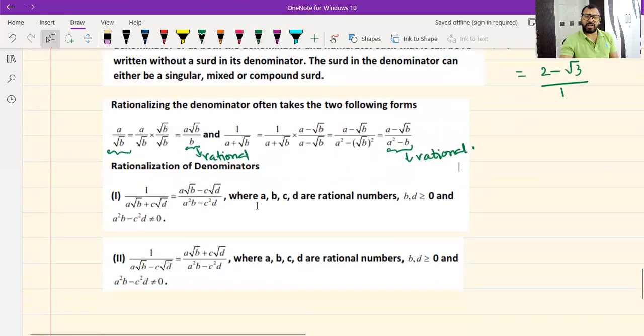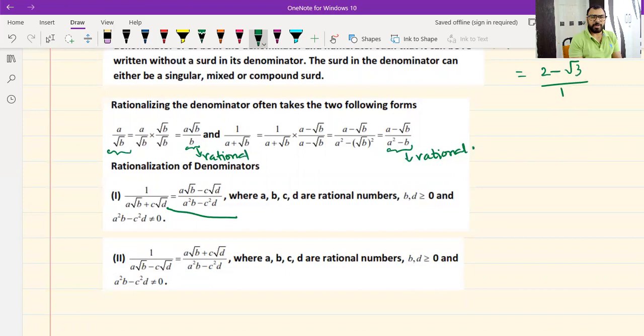So rationalizing of denominator is there. Rationalizing of numerator is also there. Sometimes they ask to rationalize only the denominator. Sometimes they ask to rationalize only the numerator. These kinds of questions come in limits also, in calculus. So here you see 1 by a root b plus c root d.